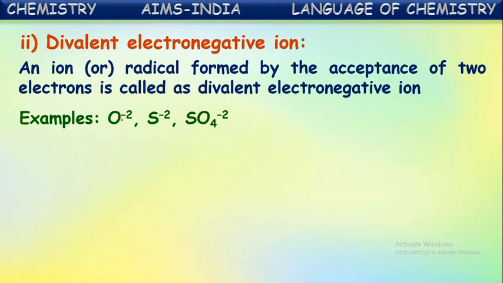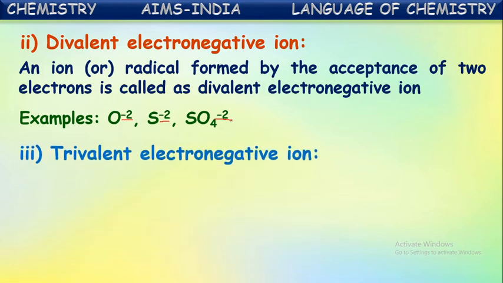If you observe these, they all have 2 units negative charge. How do they get these 2 units negative charge? By accepting 2 electrons. So they are called divalent electronegative ions or divalent anions.